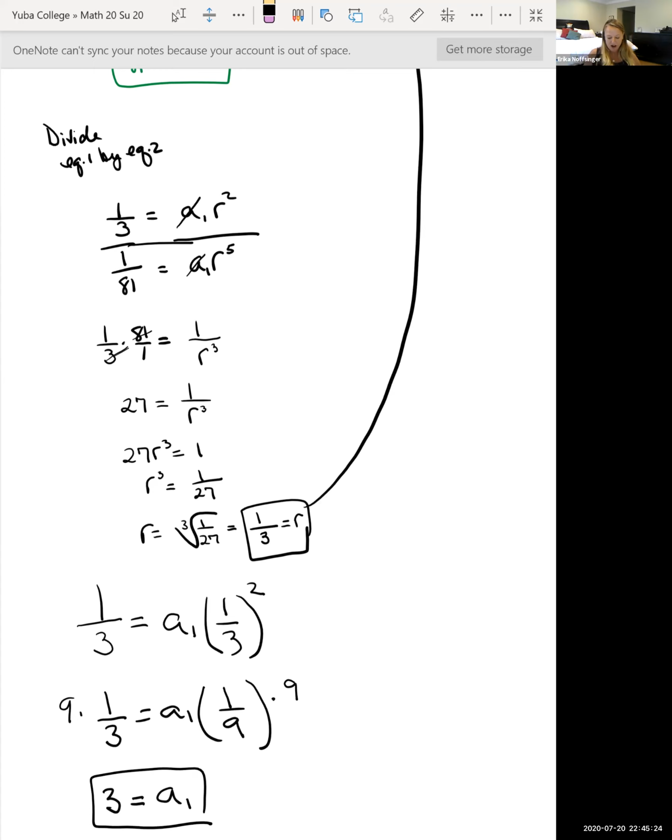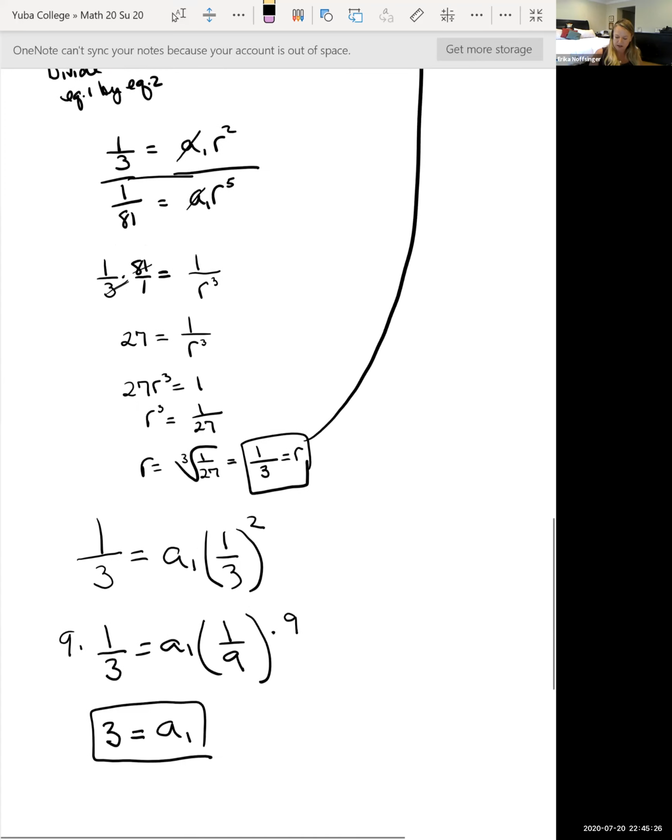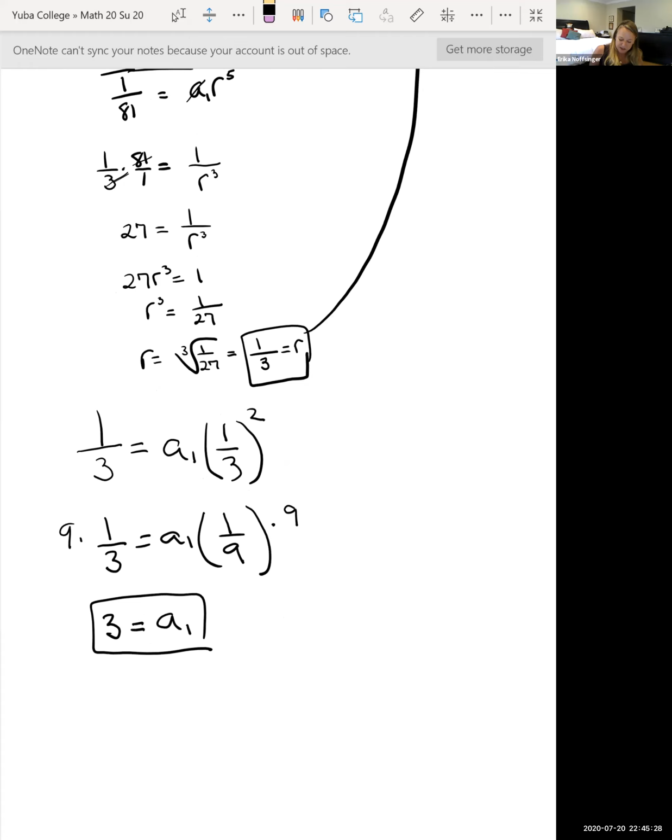So we have r and we have a sub 1. It's a geometric sequence, so a sub n equals a sub 1 times r to the n minus 1. So let's plug it in. a sub n is equal to the first term, 3, times 1/3 raised to the n minus 1 power.